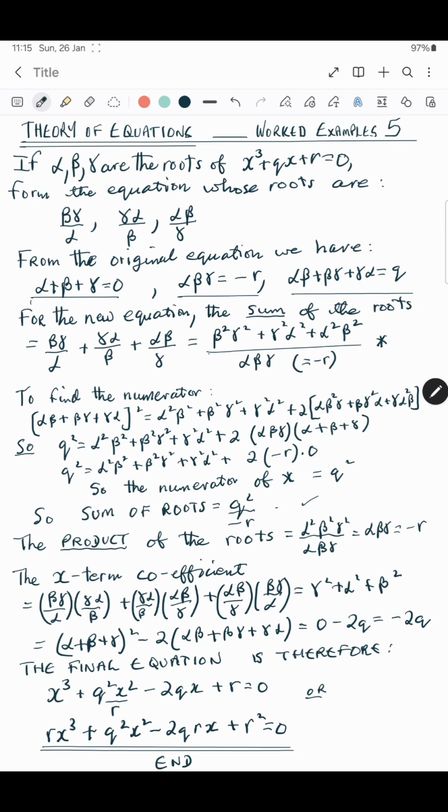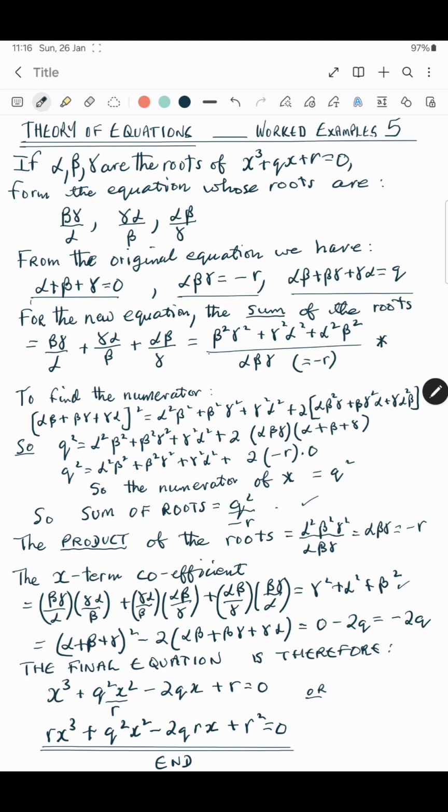And that reduces very easily and nicely to gamma squared plus alpha squared plus beta squared. And to work that out, that is equal to alpha plus beta plus gamma all squared, minus twice alpha beta plus beta gamma plus gamma alpha.